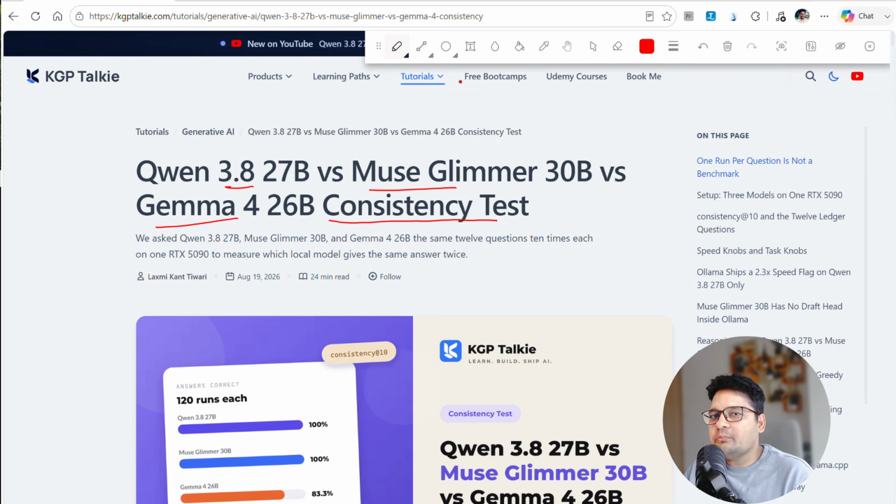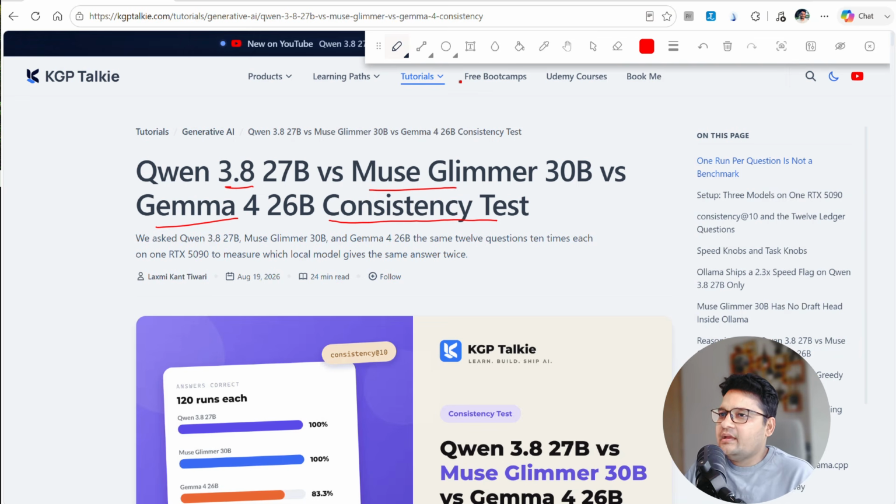So in a probabilistic model, there is a very high chance that if you ask the same question again and again, it might not reproduce the same result. That is something we are going to test in this particular lesson.